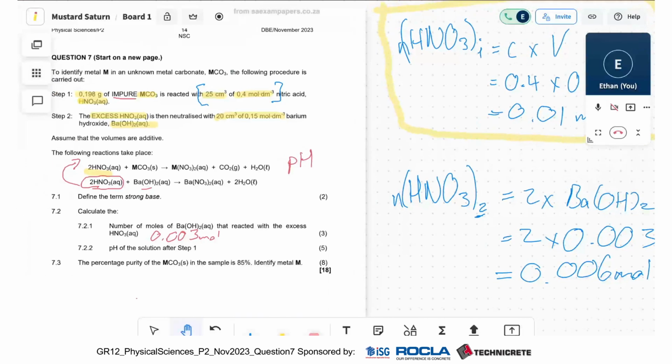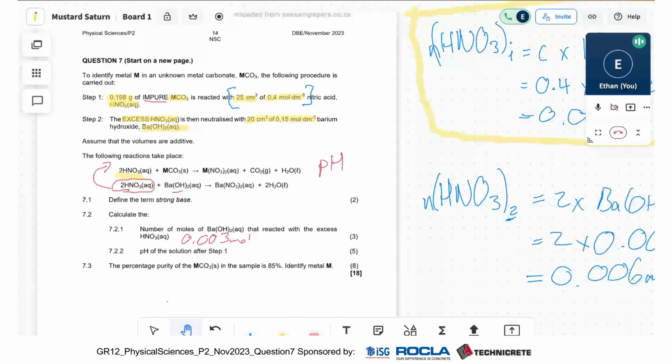So we've got to calculate its concentration after step one. To do that, what we need to realize is that there's actually 45 milliliters of liquid. So basically the acid is now diluted after step one, because you generate water, and you generate some aqueous components.